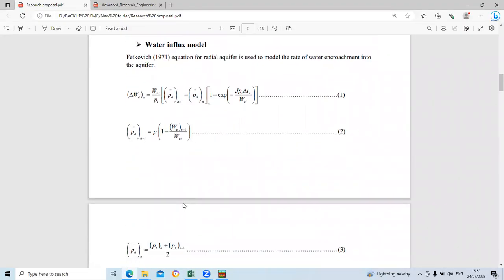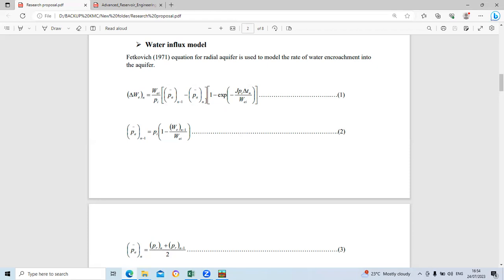Alright, this is a water influx model by Fetkovich in 1971, and he is explaining what is happening with the oil water contact as a result of this production. So we see an equation that he developed in order to calculate the net water influx into the reservoir.